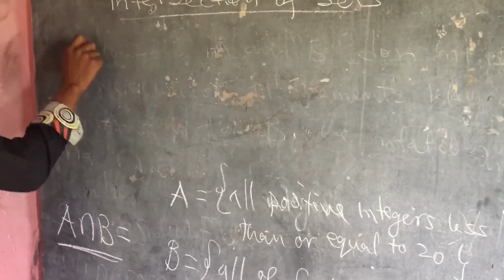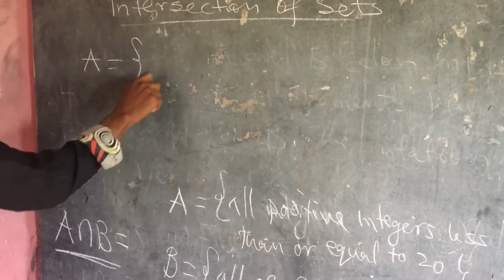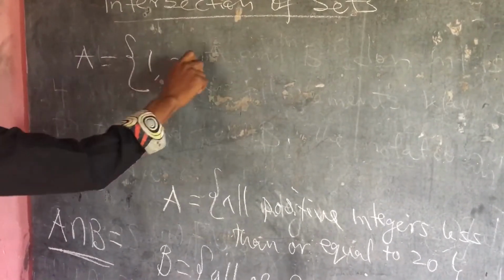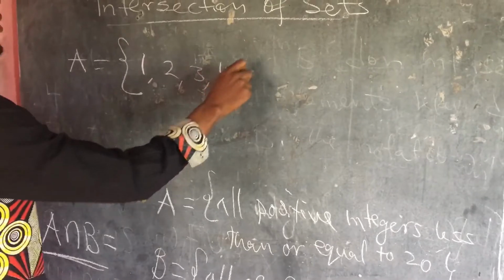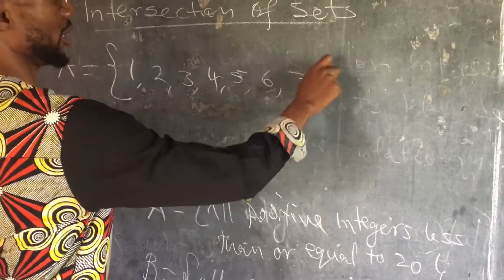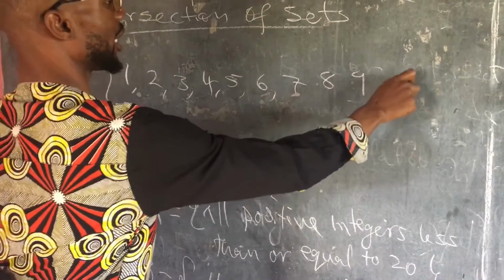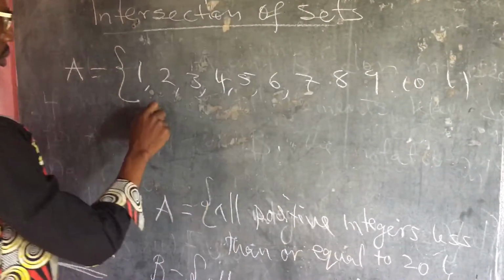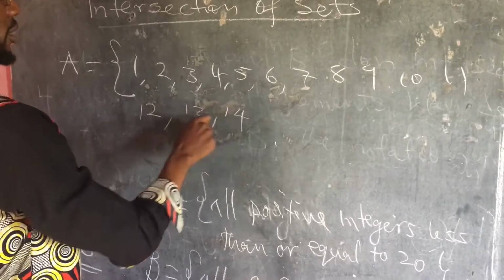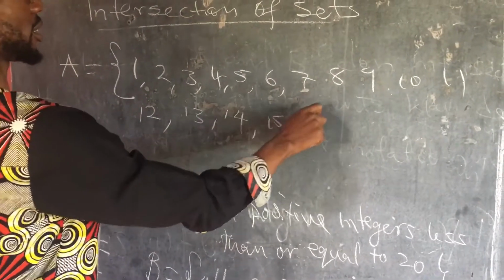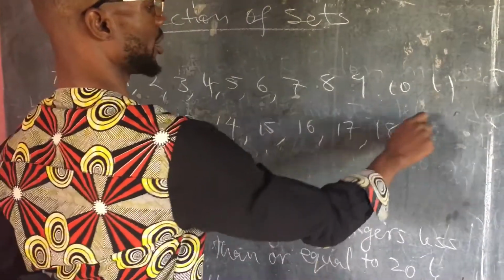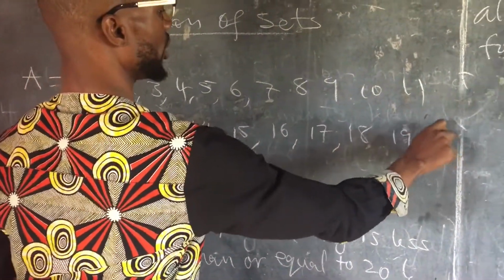So A will get this element 1, 2, 3, 4, 5, 6, 7, 8, 9, 10, 11, 12, 13, 14, 15, 16, 17, 18, 19, and 20.